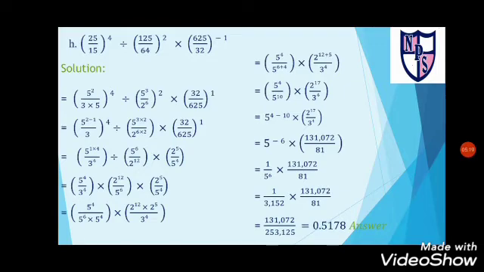In the next section, we will apply the whole power individually: apply power 2 on 5 power 3 and also apply power 2 on 2 power 6. After the reciprocal of the third fraction, it will become 32 upon 625 with positive power 1.